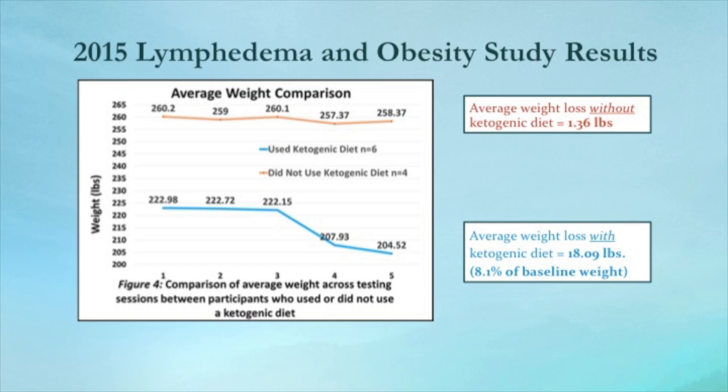If they did not use the ketogenic diet, they lost an average of 1.36 pounds. One person in that group even gained weight. These are very small groups. A total of 10 people, 4 people did not use the diet. 6 people did. The 6 people who did, in 3 months, lost an average of 18 pounds. Okay? So it was pretty dramatic.